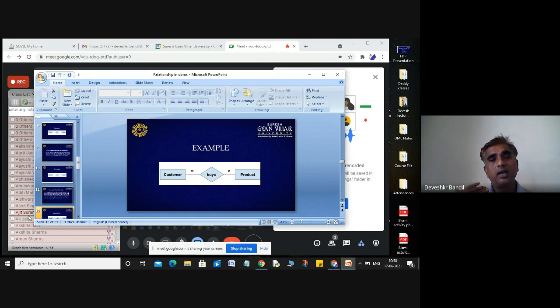Now you can take another example, where you take two entity types. The first is order and the second is product, and the relationship between these two entity types is "for".